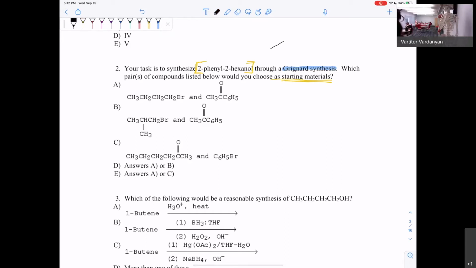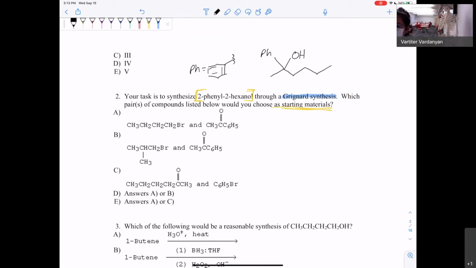So 1, 2, 3, 4, 5, 6. 2-phenyl, and I'm going to use Ph for phenyl. We know that Ph looks like this. And also on number 2, we have an OH.